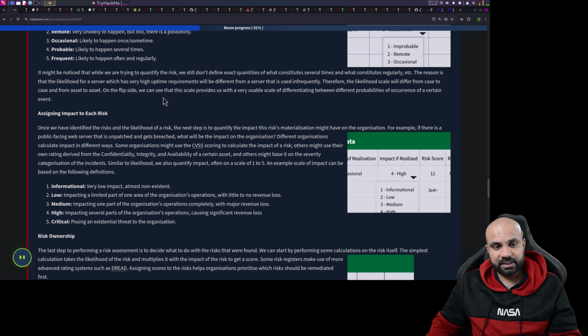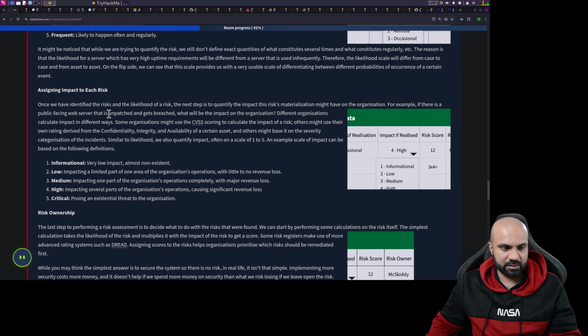On the flip side, we can see that this scale provides us with a very usable scale of differentiating between different probabilities of occurrence of a certain event. That is very true. Depending on the use case, you can either decrease the likelihood of risk happening or risk materialization, or you can increase it as per the use case. Okay.